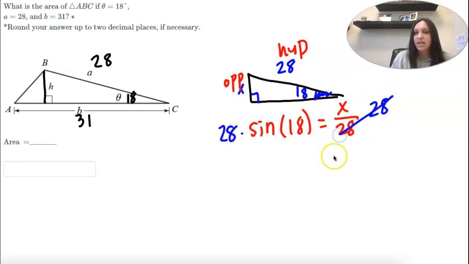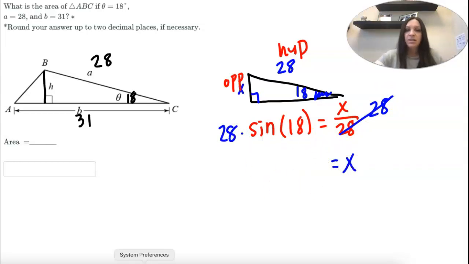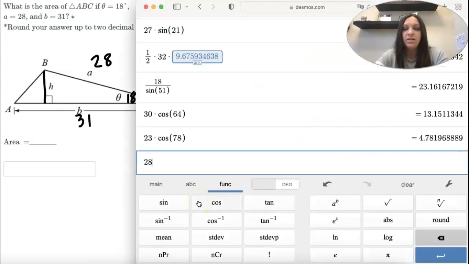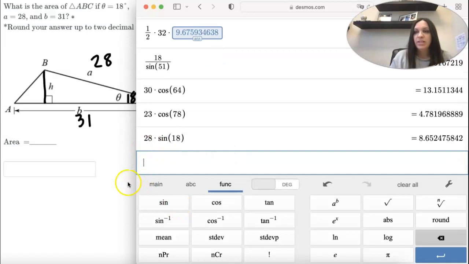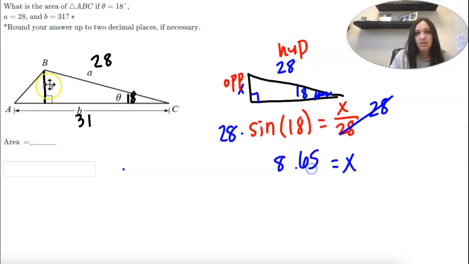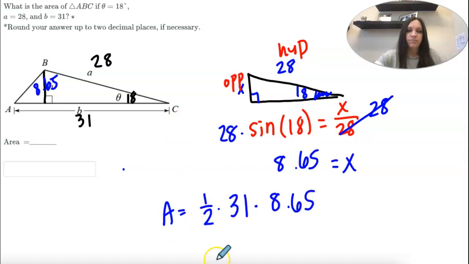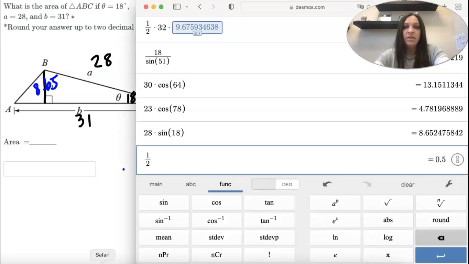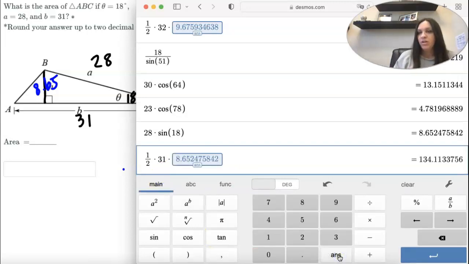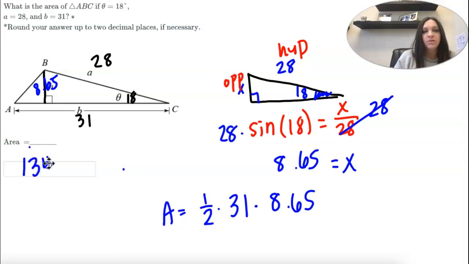I love when it's all like that and x is by itself already. Then we just calculate. 28 times sine of 18 is 8.65. To find the area of the whole triangle, though, we take 1/2 times the base times the height. So 1/2 times the base times my last answer. 134.11. So it goes pretty quick when you get the similar problems, okay?